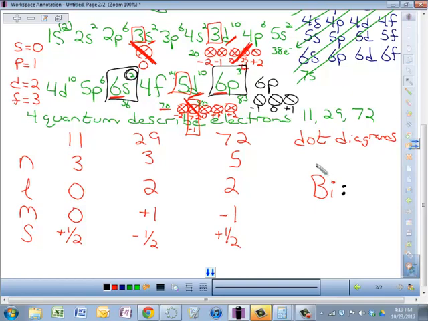On the left side is going to be my 0 orbital, and in that 0 orbital there was 1 electron also. And finally, on the bottom is my positive 1 orbital, which also had 1 electron. So that's going to be my dot diagram for bismuth.